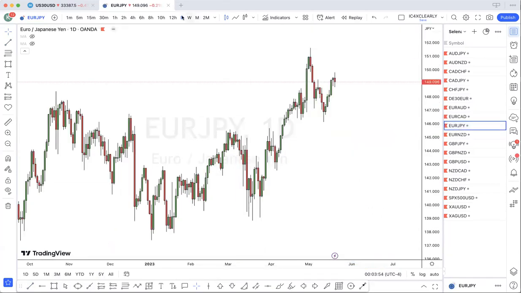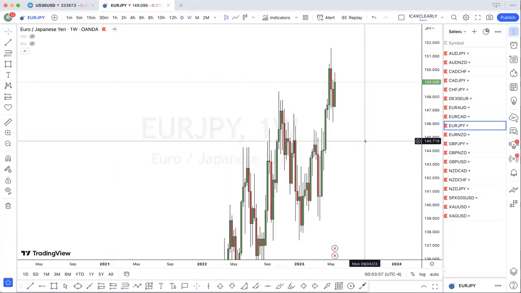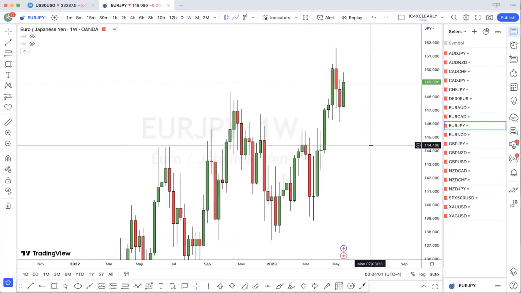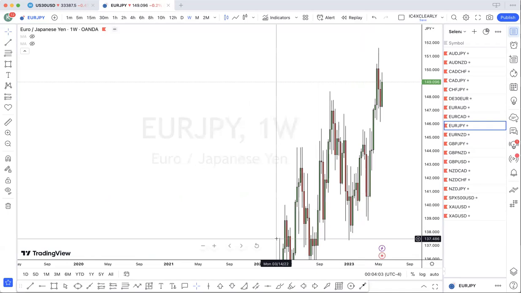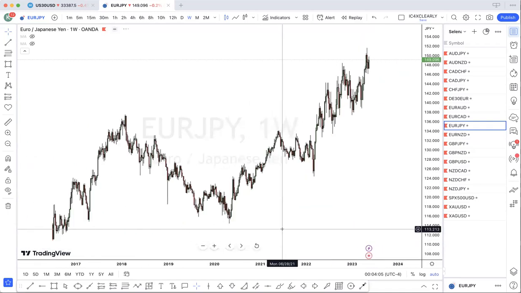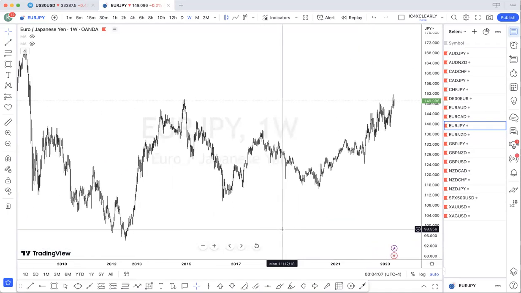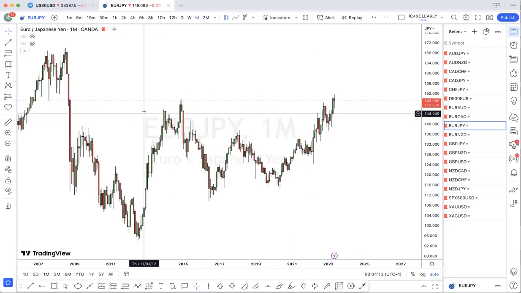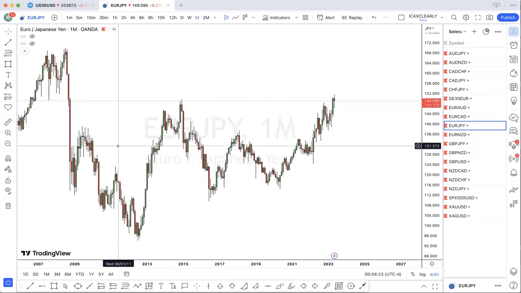All right, Euro JPY, we have a weekly bullish order block. JPYs are showing out. If we look to our left, price has wicked past these, candle close and wick past these highs.